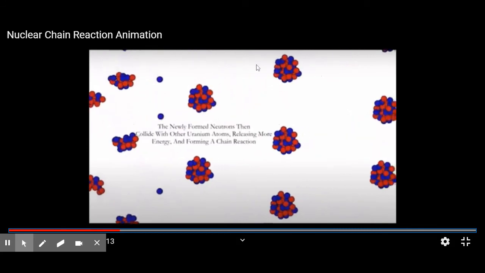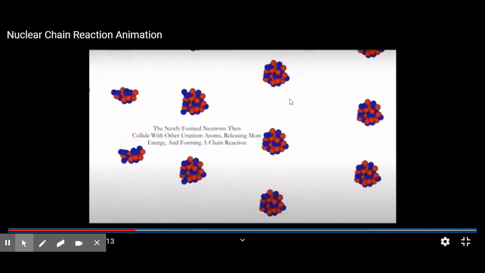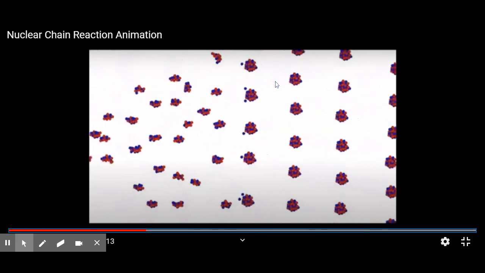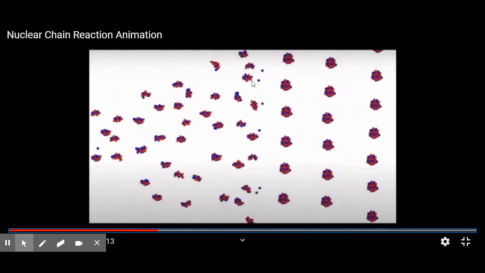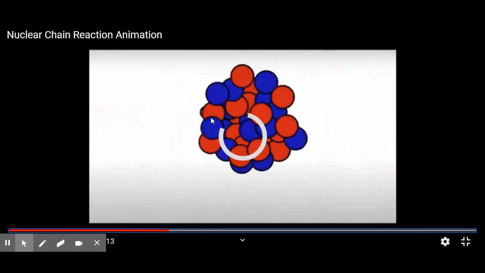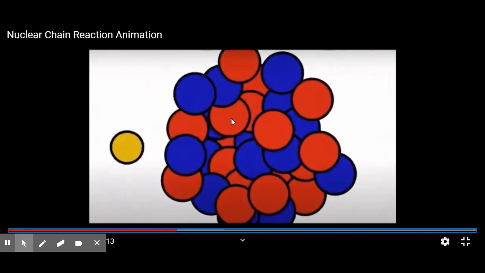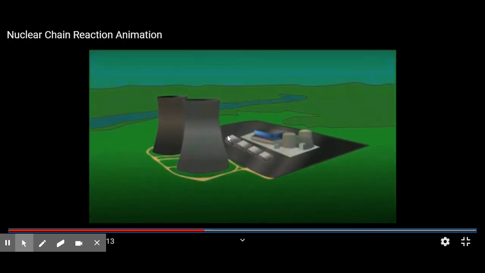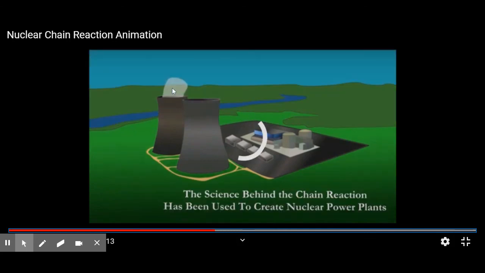A number of such heavy nuclei burst and split into smaller daughter nuclei with the release of neutrons and an enormous amount of energy, and that energy later on can be utilized in a number of fields. Here, this energy is utilized for the production of power.